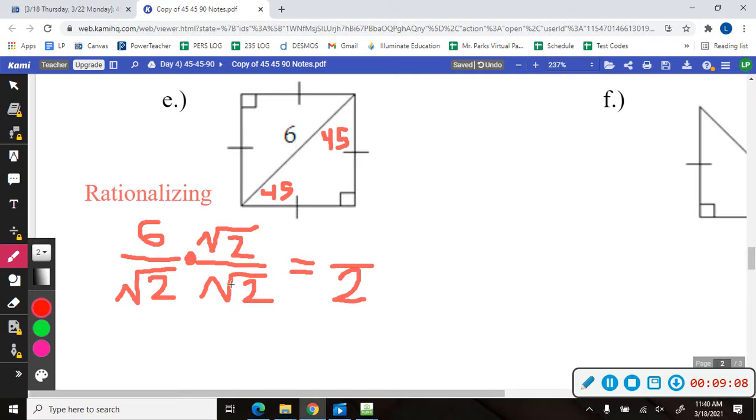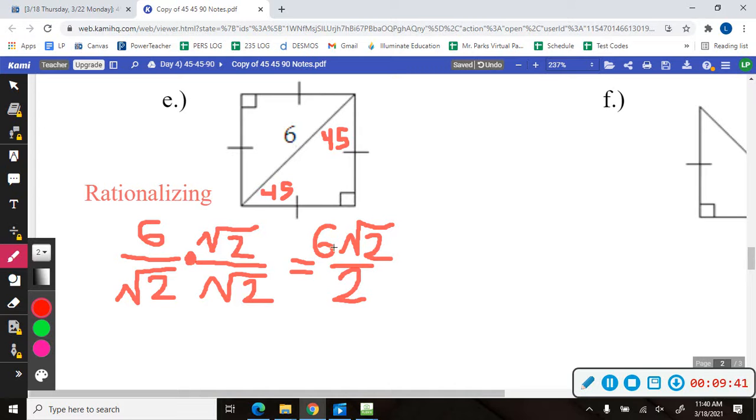If that was square root of 3 times square root of 3, that'd just be 3. If that was square root of 4 times square root of 4, this would just be 4. The square roots cancel each other out. And then here, I have 6, that's not in a radical, 2, that is. This is not square root of 12. It is just 6 square root of 2. You cannot reduce 2 over 2 because 2 is in the radical, 2 is not.